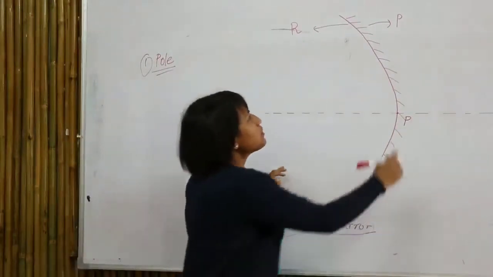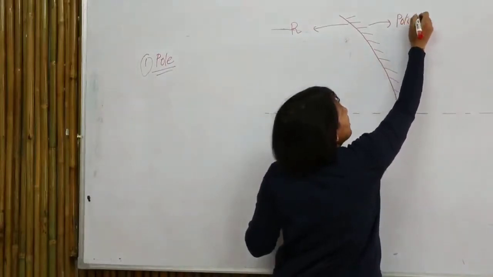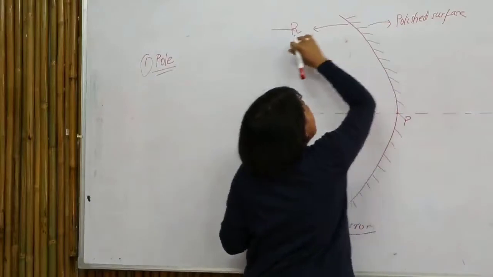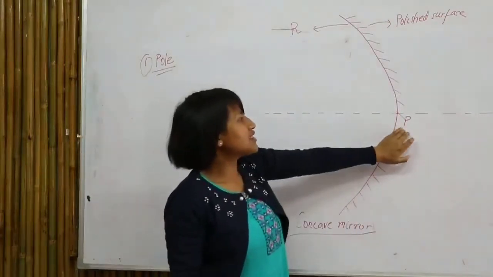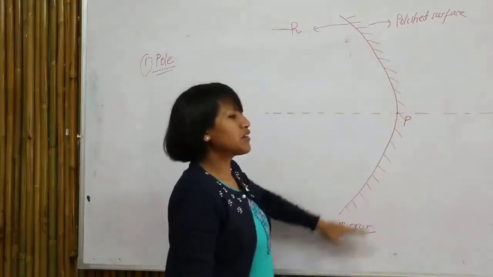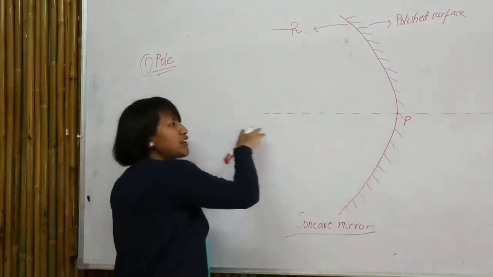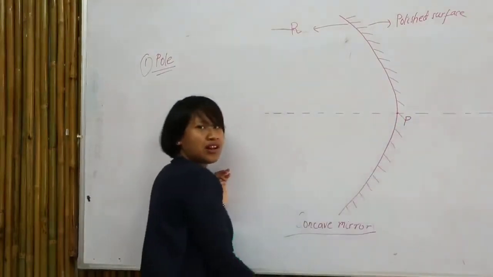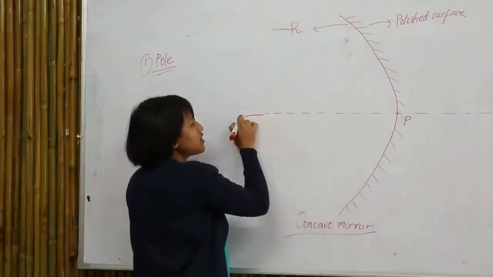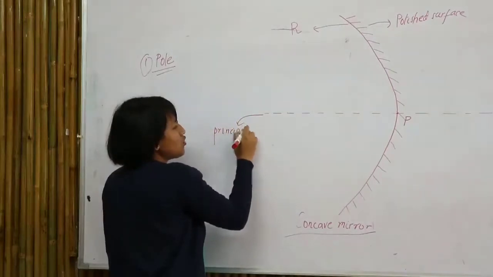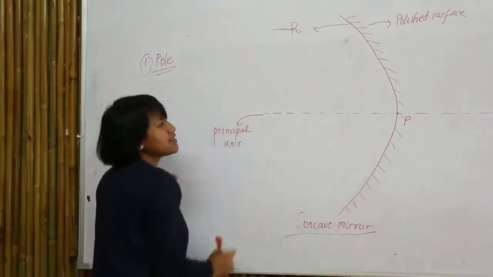This P here is on the polished, reflecting surface, and it is the midpoint of the spherical mirror. Then an imaginary line is drawn through this pole. Now, what is this imaginary line called? The principal axis.